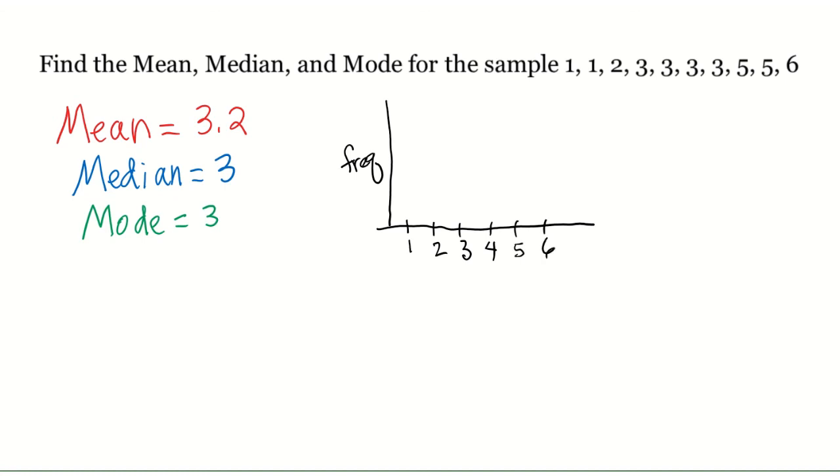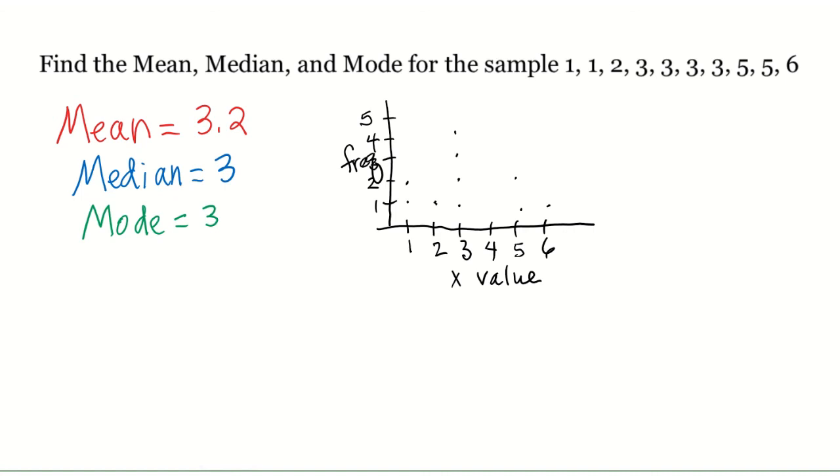So this is my x values, or the values of my data. This will be 1, 2, 3, 4, 5, and then we'll just do a dot plot to show how often each of these are showing up in my data. So this is what the distribution of my sample is going to look like.